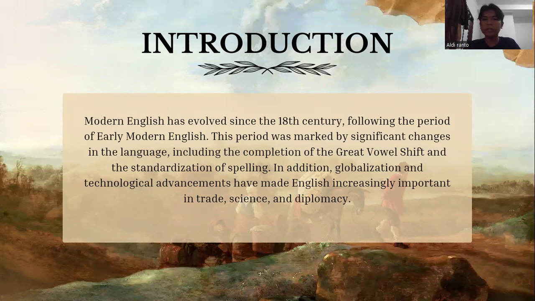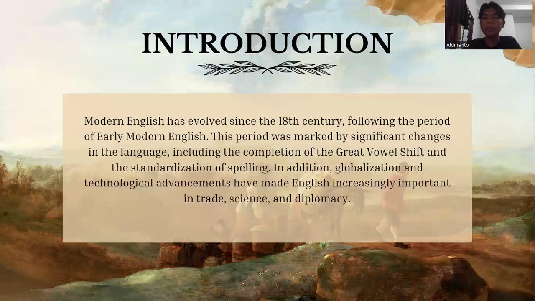So that means in introduction, the English we use now has changed a lot since the past, especially since the 1700s. There are many things that make English different now, like how people say things and how words are written more neatly.